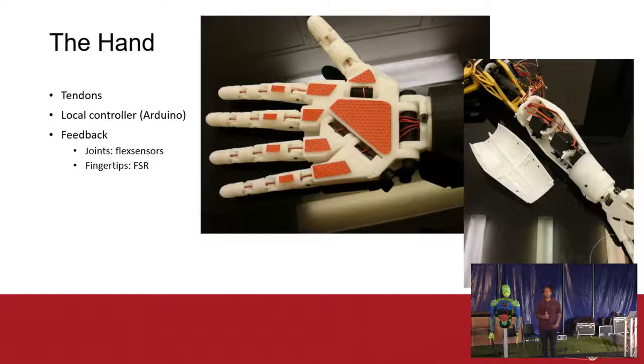The simple solution that I found is to put a small Arduino inside the forearm, which will control the hand independent from the rest of the robot, and then you can command that Arduino just for the hand to open and close or for the different finger movements. Additionally, that allowed me to add more motors to control the different joints of the fingers separately.